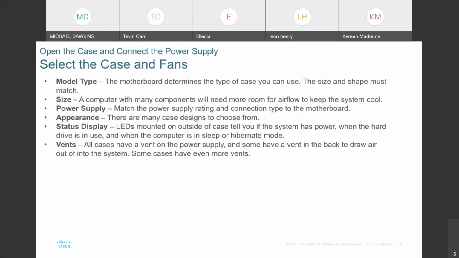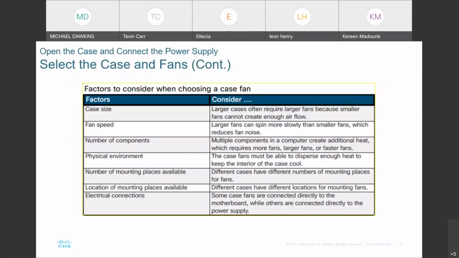As it relates to case size, you have larger cases that require larger fans because smaller fans cannot create enough airflow. As I explained, the more powerful the CPU is, the more components you have inside the case.